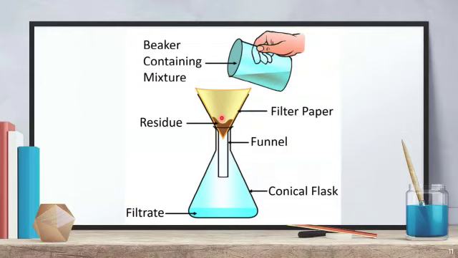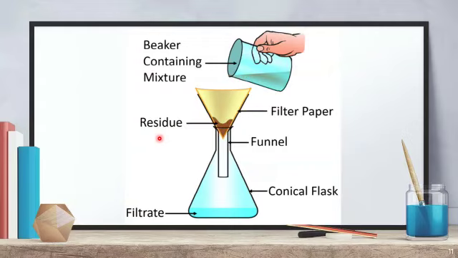So the large particles of the solids are too large to go through the tiny holes and are left on the filter paper as a residue. The material that is left over here is called a residue, which is the suspended particles that were in our mixture.